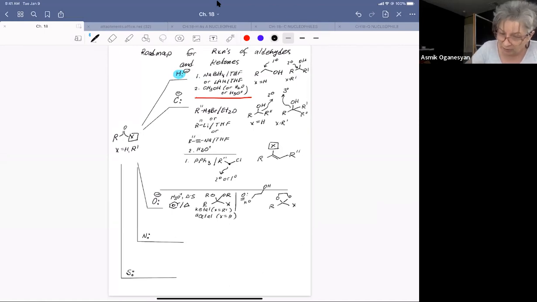With nitrogen nucleophile, we're going to break it into categories. So let's put a box for imines and enamines.